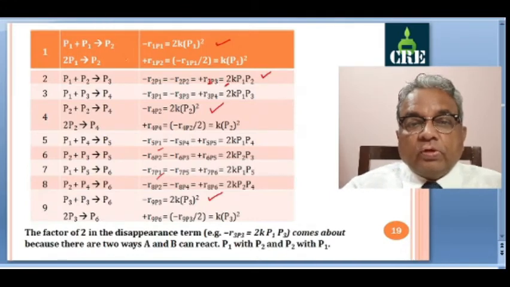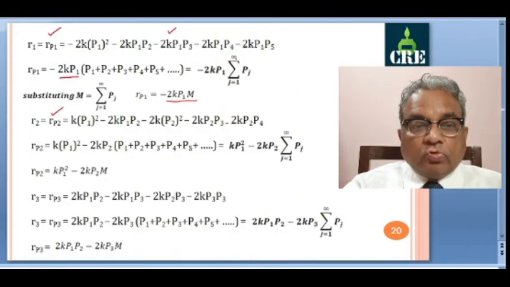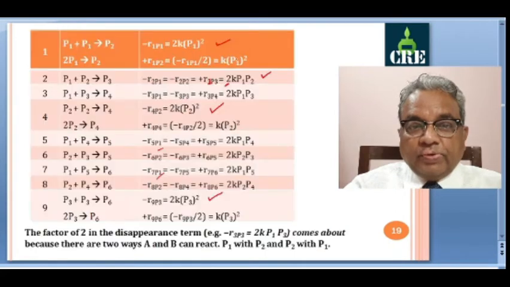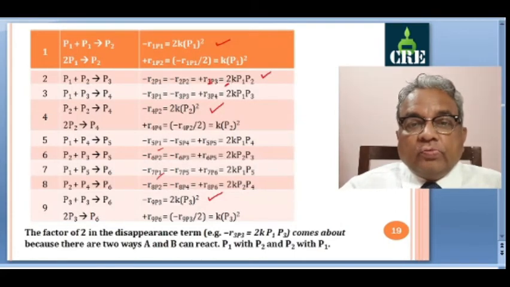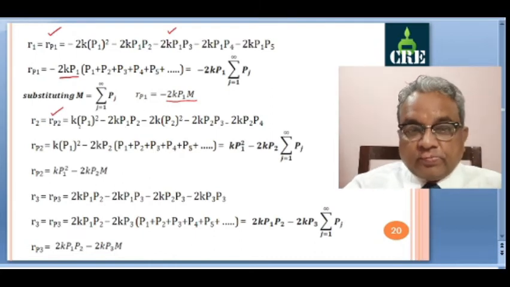So here in the first reaction, rate of formation of P2 is k P1 square. So formation, so plus sign. Then we'll see where P2 is appearing. Here we have rate of disappearance of P2. So we'll write minus sign, 2k P1 P2 there. We have written 2k P1 P2 with minus sign.